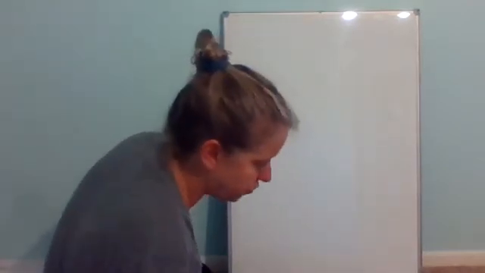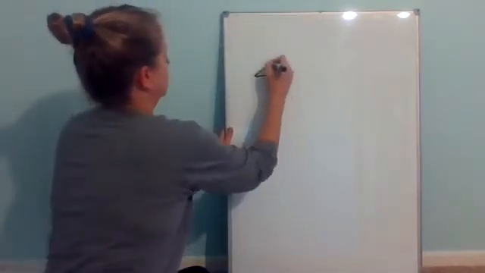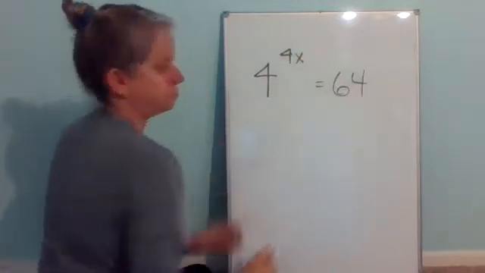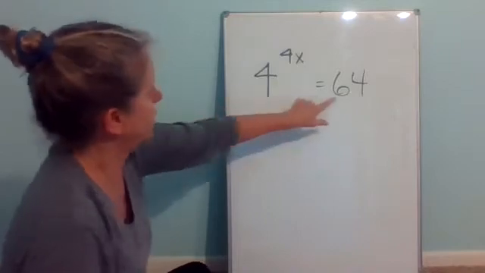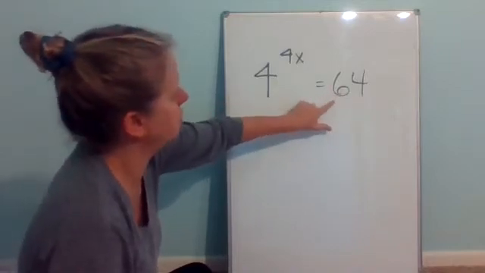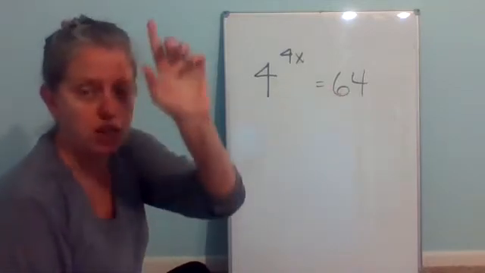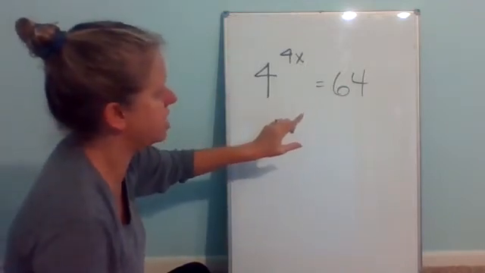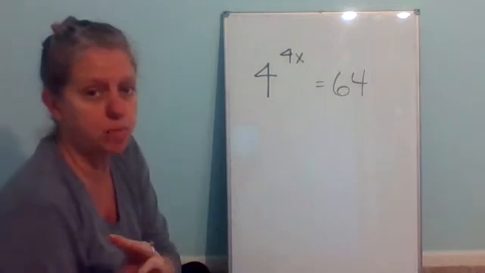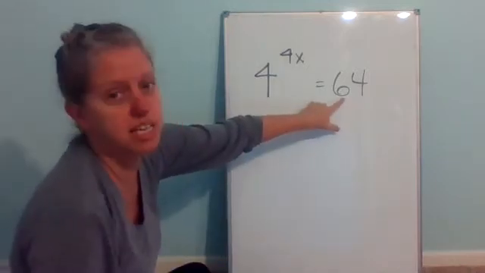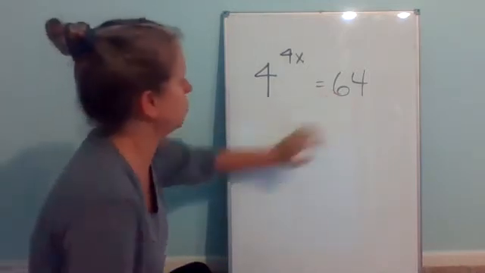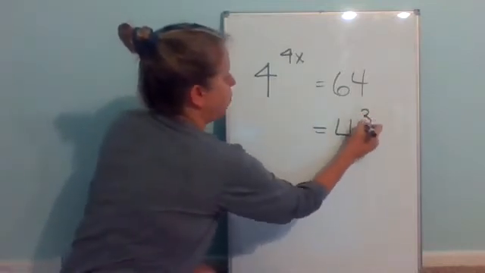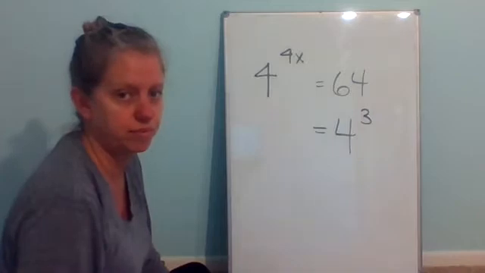You have 4 to the 4x equals 64. So can you rewrite 64 as a base of 4 to a certain power? Let's see, 4 squared is 16, but 4 to the 3rd power is 64. So I'm just going to rewrite this side. Instead of 64, I'm going to write it as 4 to the 3rd power.